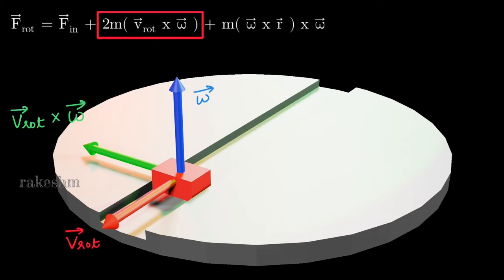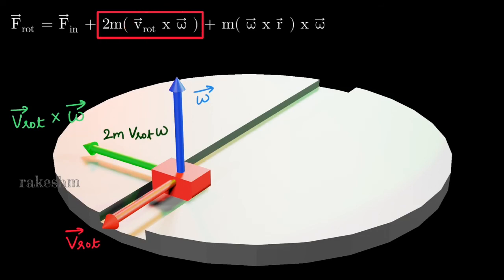Now we have the vector v rotational bar cross omega bar. This is v rotational and this is omega bar, so the cross product of these two vectors gives the vector here. This vector is our v rotational bar cross omega bar. Coming to the magnitude, as v and omega are perpendicular to each other, the magnitude of the cross product will be v into omega.